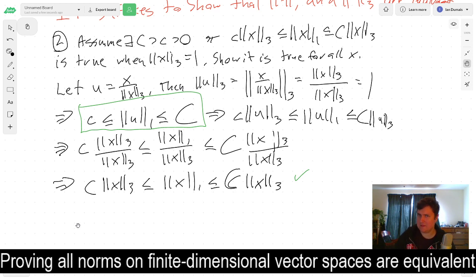Actually, it doesn't have to do with this norm. I was wrong. I don't think it had to be norm 3 again. This is true for any 2 norms. If any norms are equivalent for its unit vectors, it's equivalent for all of its vectors. Cool.